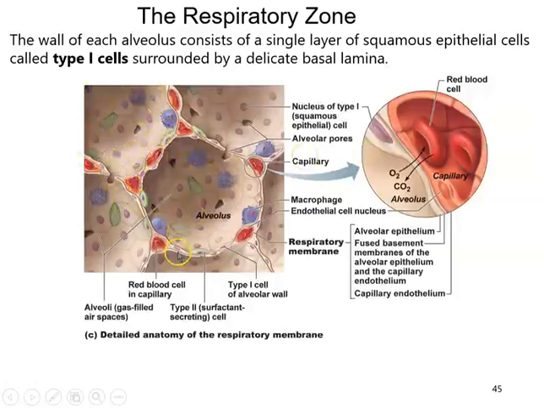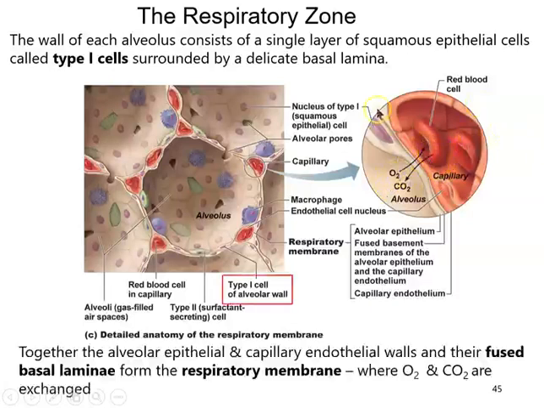So this is a type 1 cell, and all of these tan cells you're seeing are type 1 cells. And here's another type 1 cell, and here's another. They make up the structure, and they're thin, and so a type 1 cell can be welded to a squamous cell from the outside of a capillary, and it's easy for gases to just diffuse across those membranes.